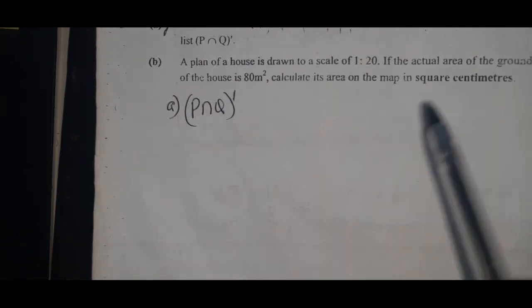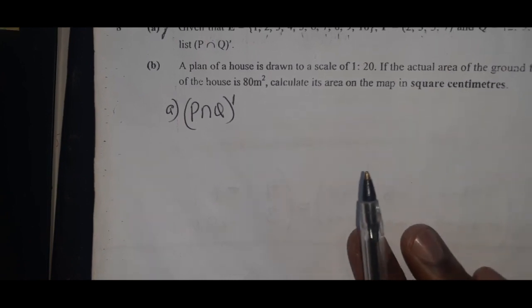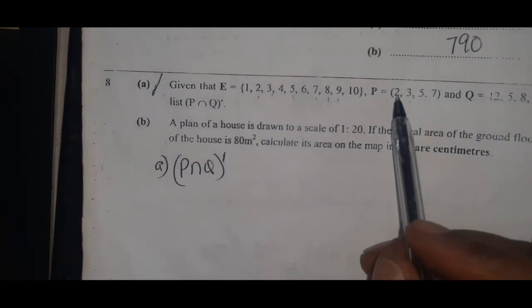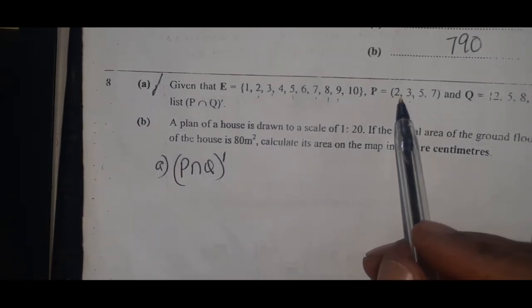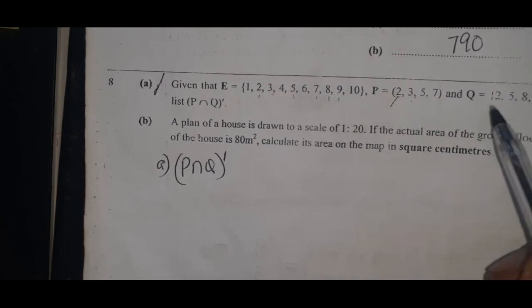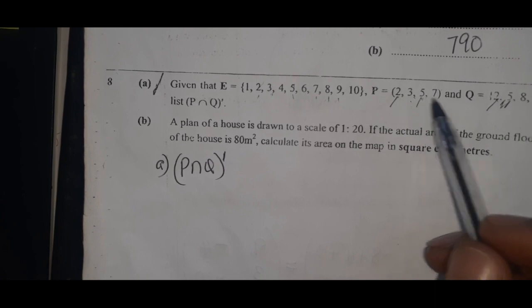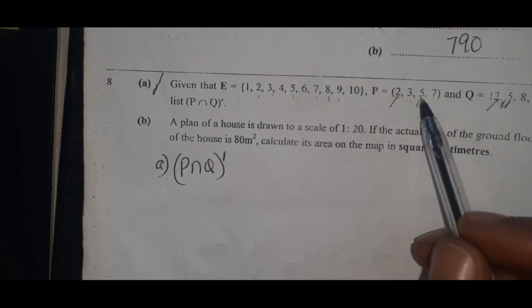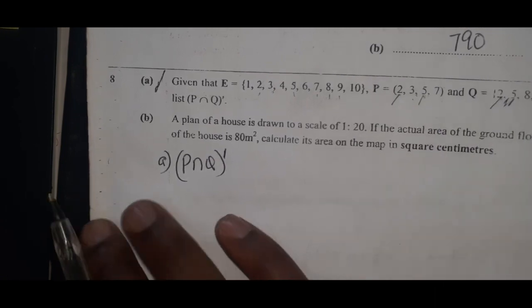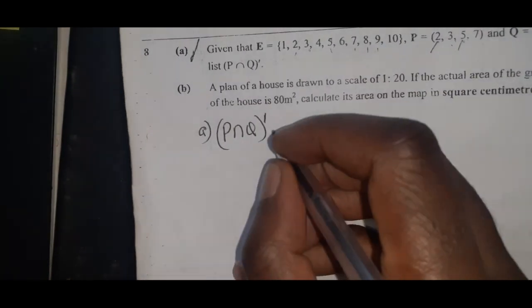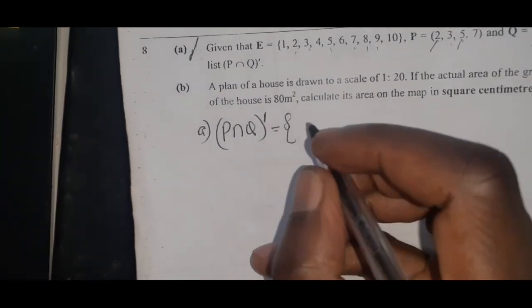Okay, so first of all, let's look at the intersection. Elements that are found in these two sets, what are they? 2 is here, 5 is here. So it's 2 and 5, isn't it? So meaning, when it comes to this one, 2 and 5 must not be part of the answer.